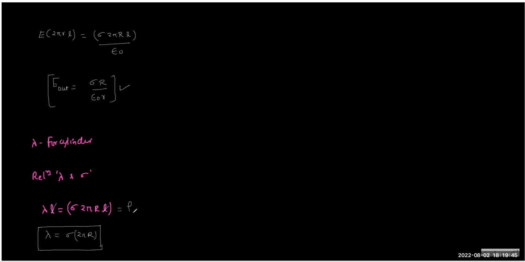For a thin shell where the thickness is very small compared to the radius, the volume is the perimeter into thickness. So lambda into L, or sigma into 2 pi r L, or rho into 2 pi r L into T, all are the same thing. Do you realize this?